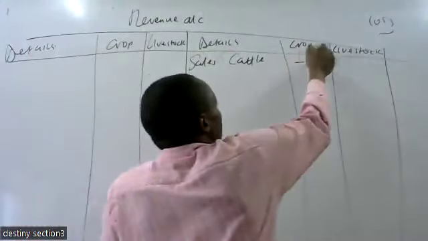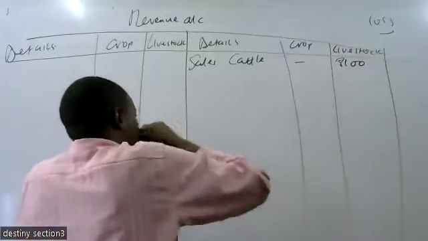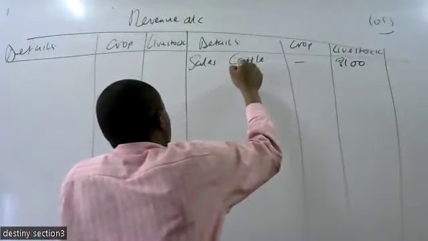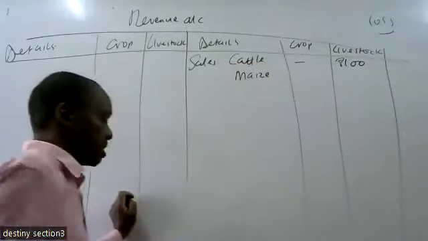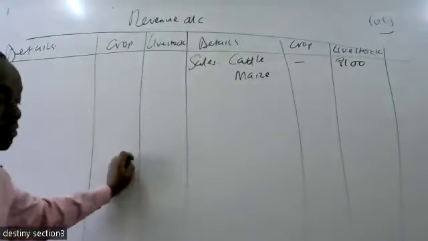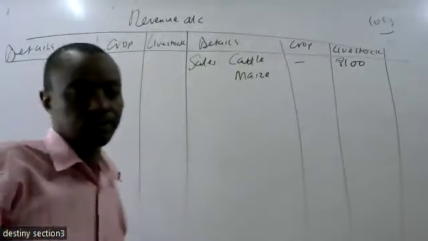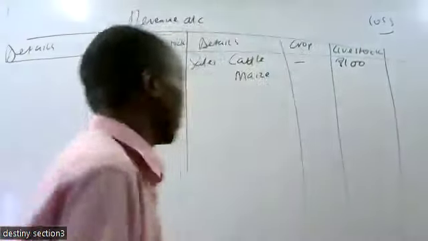It goes to livestock. We have sales of dry maize, 6,000.